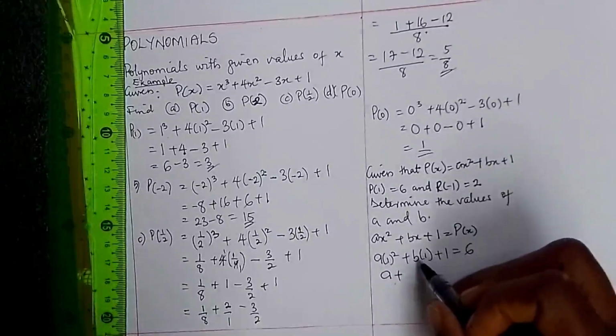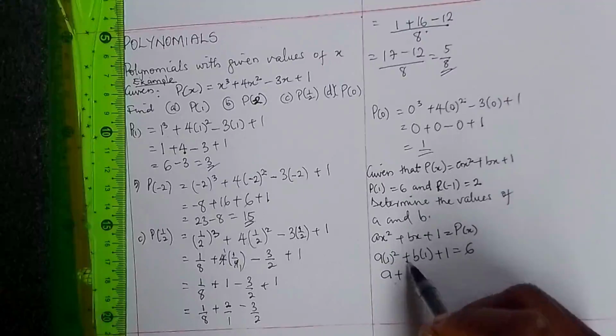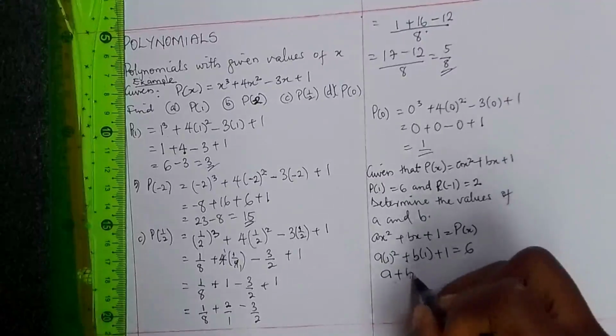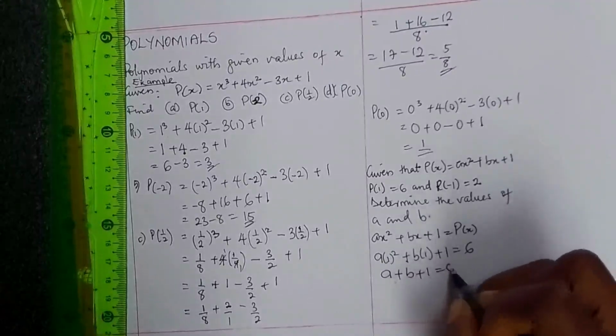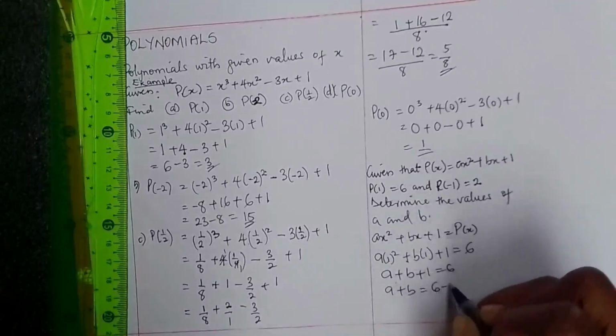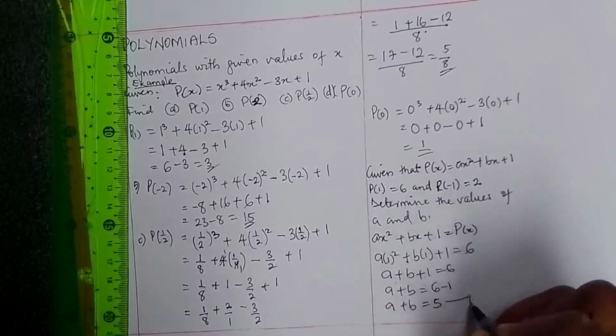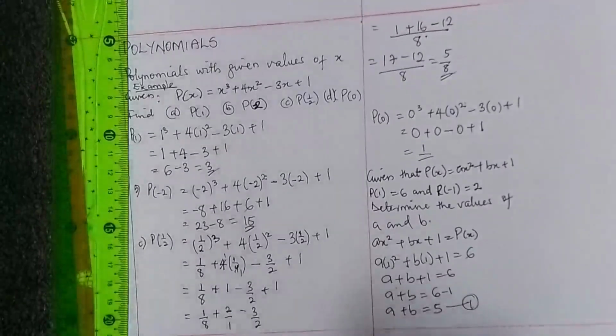Plus b times 1 is b. Plus 1 is equal to 6. So we have a plus b is equal to 6 minus 1. A plus b equals 5. This is equation 1. You can still remember our simultaneous equation.